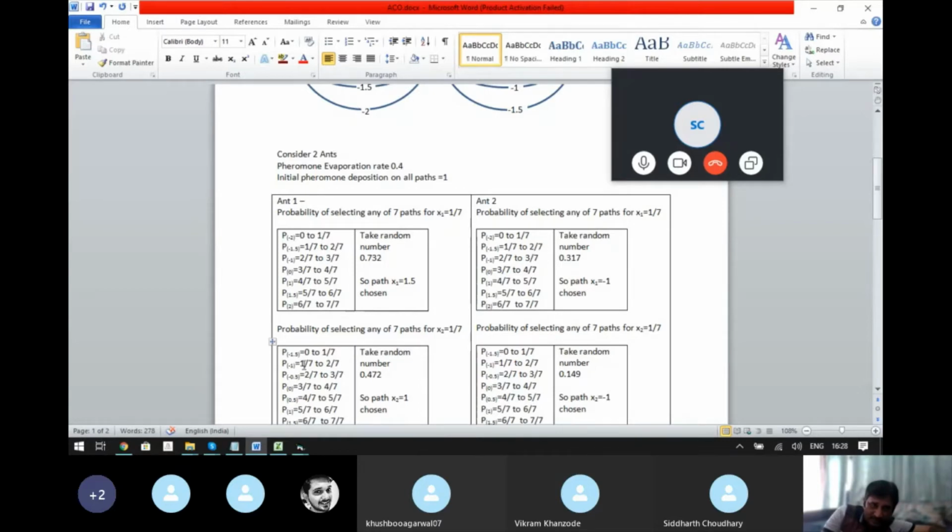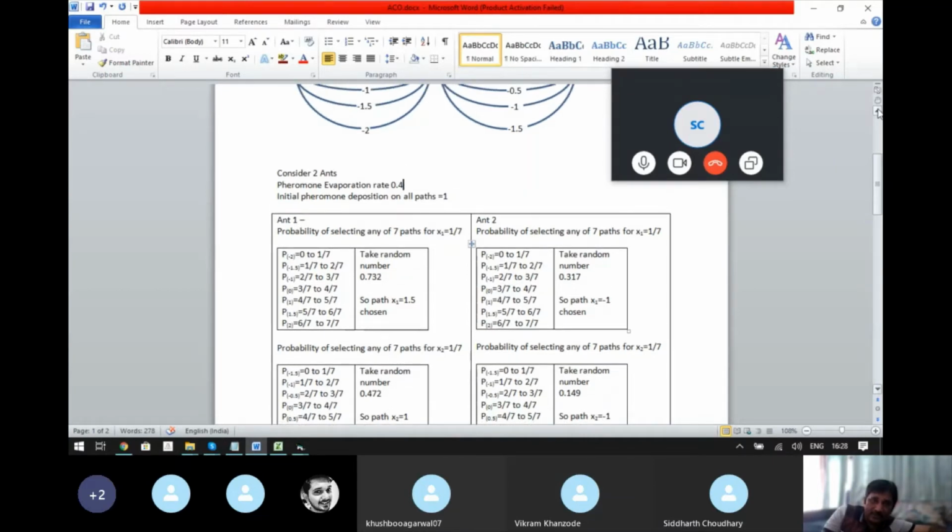For x2, the cumulative probability is 1 by 7 for selecting the path -1.5, 2 by 7 for -1, 3 by 7 for -0.5, 4 by 7 for 0, 5 by 7 for 0.5, 6 by 7 for 1, and for 1.5 it will be 7 by 7.